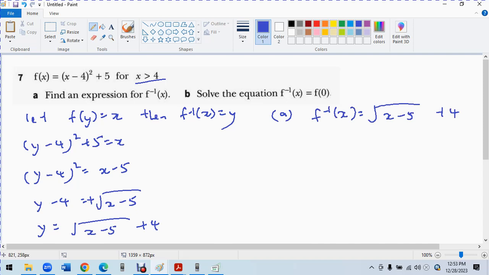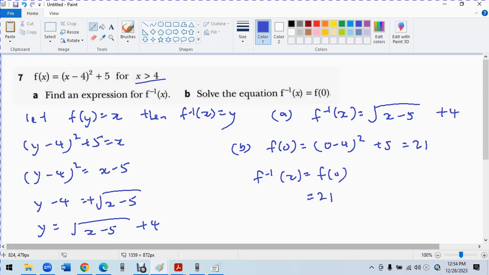Okay, and then B, they want to find f inverse x equal to f(0). So f of 0 is equal to (0 minus 4) squared plus 5, 16 plus 5, 21. So we have the f inverse of x equal to f(0), then that means this is equal to 21. Then what we have here is x equal to f of 21.